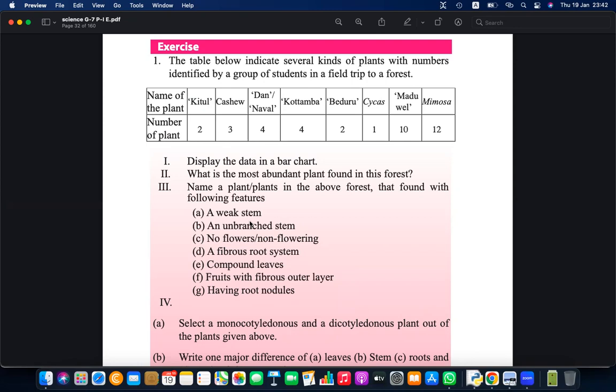Beduru: when you see Beduru, the stem is very short, right? It's not a giant plant.